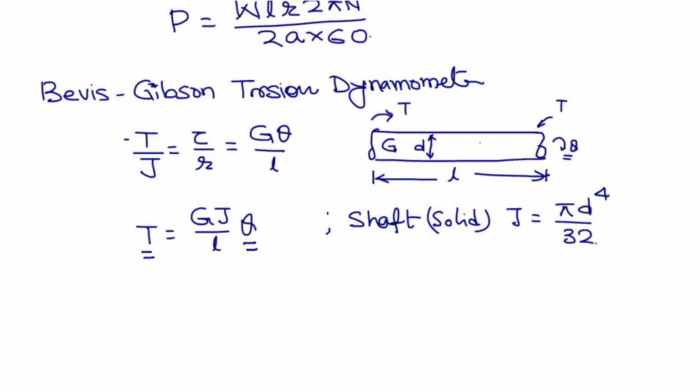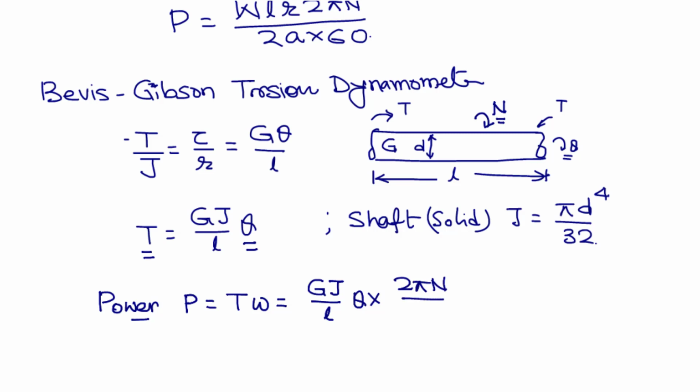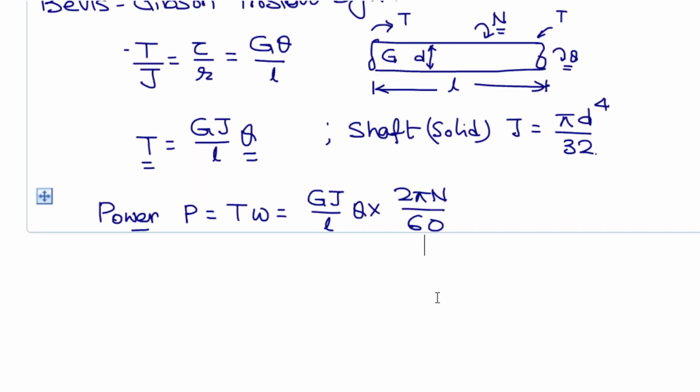If this shaft rotates with speed n and transmits torque T, then power P equals torque into omega, or torque equals GJ by L into theta into 2 pi n upon 60.